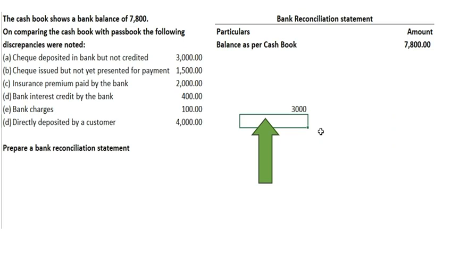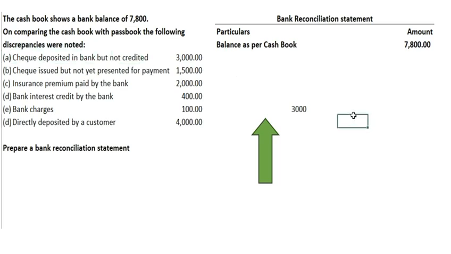Now we need to think, we started with the balance as per cash book. We need to reach the balance of the passbook. For that, we need to understand what the bank has done. The bank has done nothing because it is not credited.